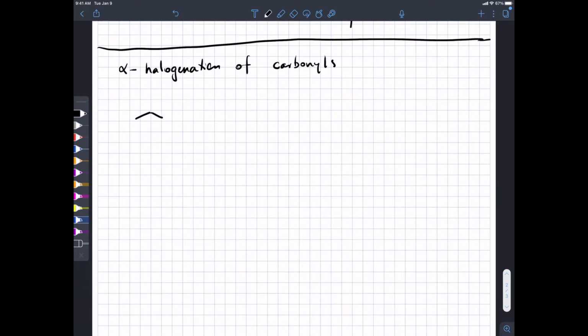And the idea is that we can take a ketone or an aldehyde and we can use Br2, and we need an acid to make this process happen. Usually the acid of choice is acetic acid because it can be both acid and solvent. The net effect, though, is to replace a carbon-hydrogen bond on the alpha carbon with a carbon-bromine bond.